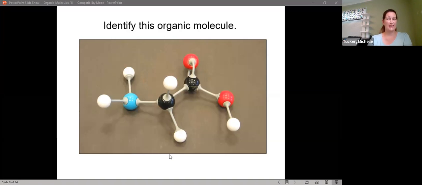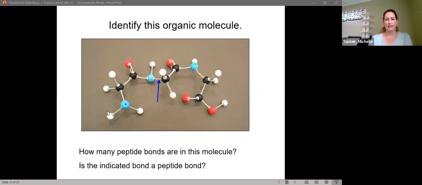It is known as, not a monosaccharide because it has nitrogen. So the nitrogen, yep, an amino acid. That nitrogen is going to be your key indicator that it is an amino acid. And there's just one nitrogen, so that would indicate that it is just one amino acid.